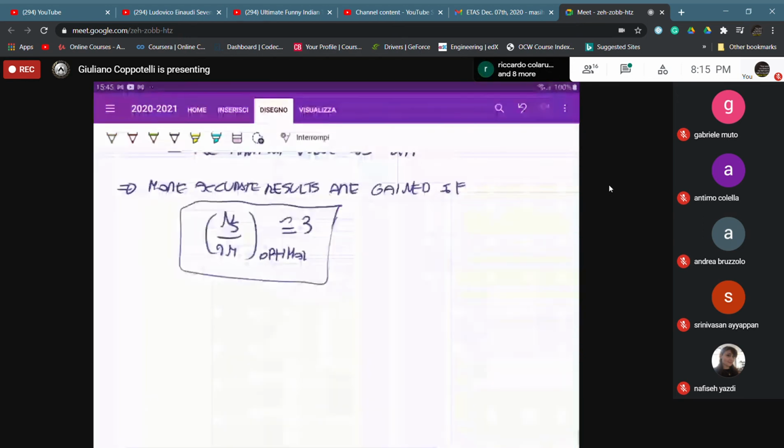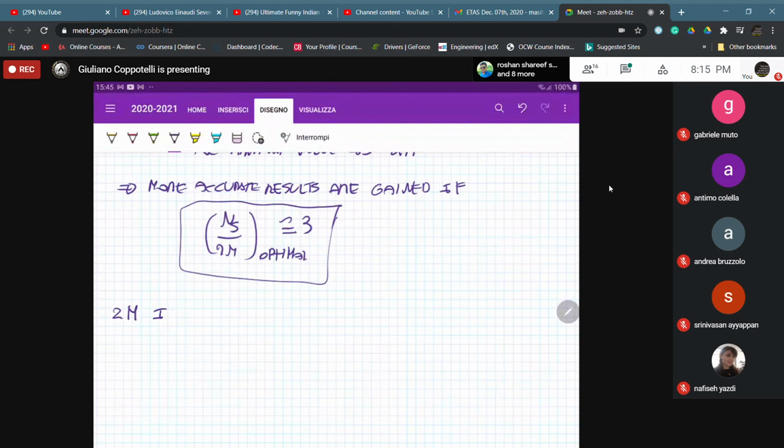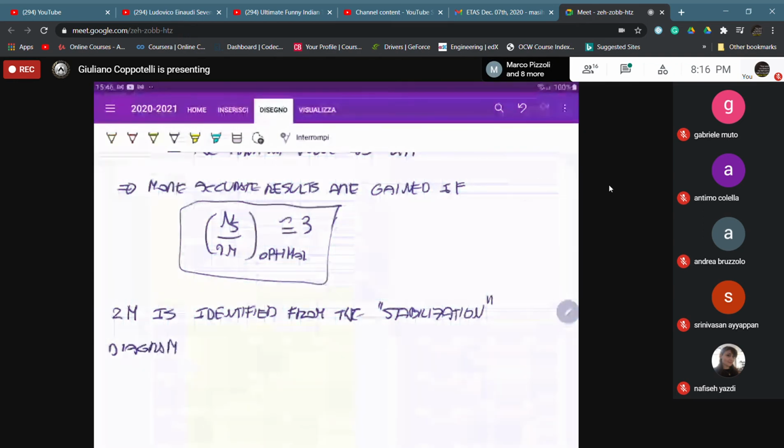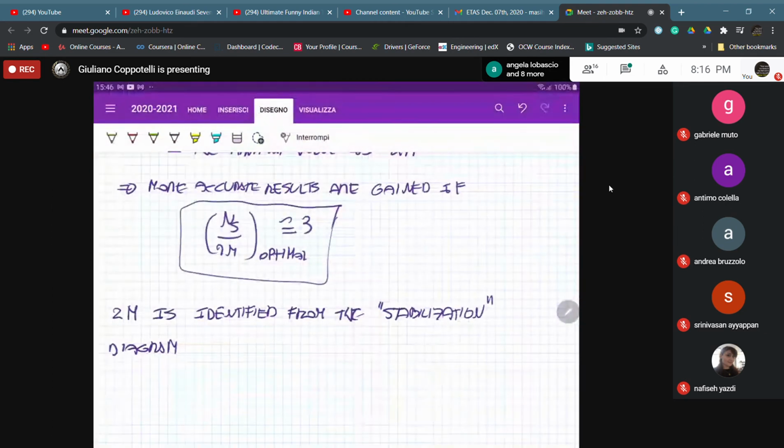Okay, so 2m is identified from the stabilization diagram that we already saw, referring to the least square complex exponential method.